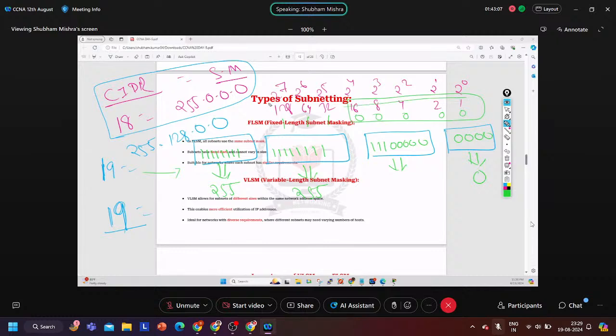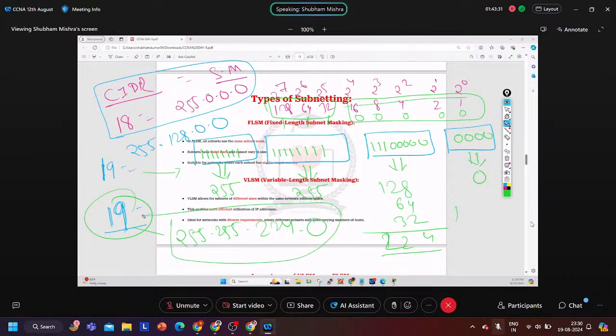We need to calculate only the enabled part. It means 128, 64, 32. What is the value? 224. So for /19, what will be the subnet mask, guys? 255.255.224.0. Now I don't think anyone does not understand.